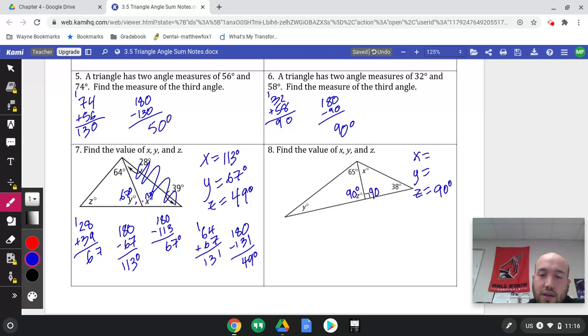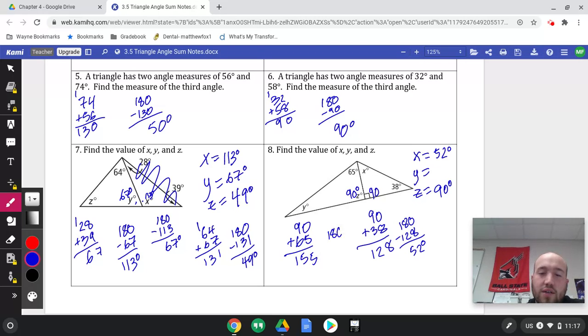We'll do 90 plus 38, which is 128, then 180 minus that, and we get 52 degrees. So that's for x. And for y here, 90 and 65 gives us 155. Taking 180 minus that, we get 25 degrees.